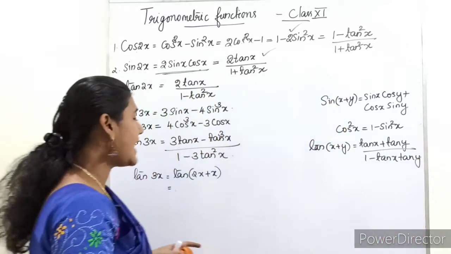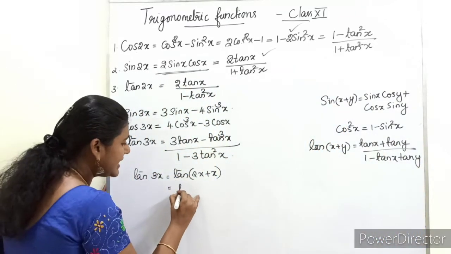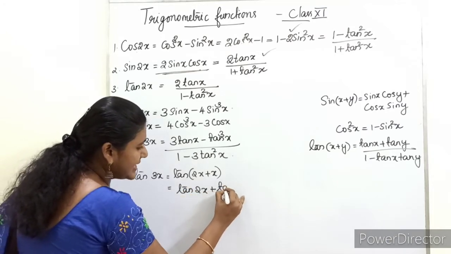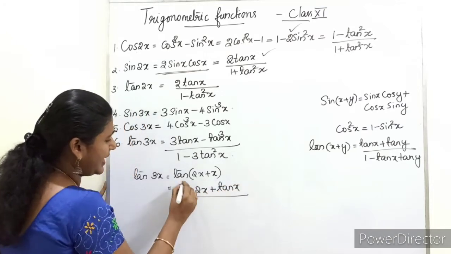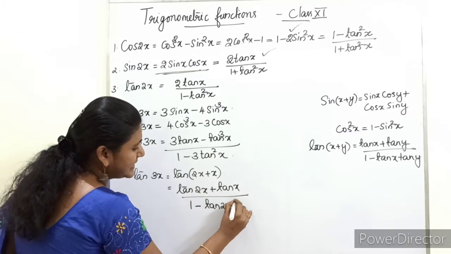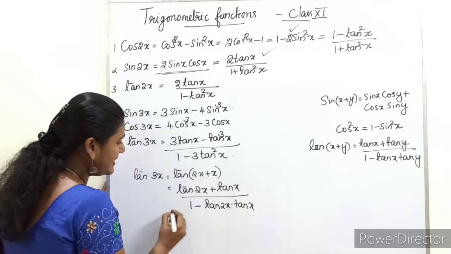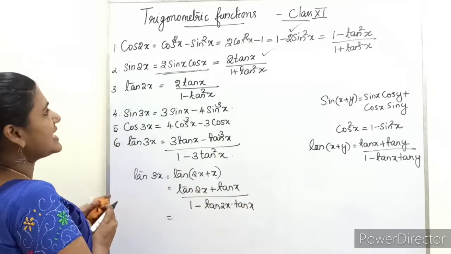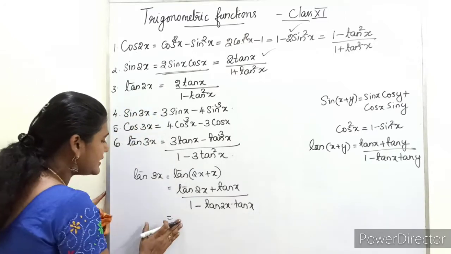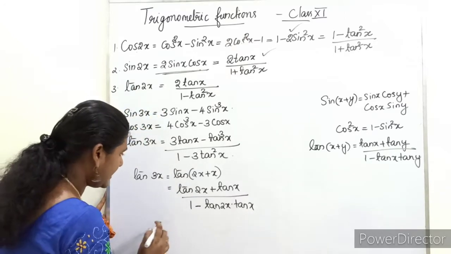So using this identity we will expand this, that is tan 2x plus tan x divided by 1 minus tan 2x into tan x. Now you see here, in the place of tan 2x we can write the tan 2x value we have already derived, that is 2 tan x by 1 minus tan square x.